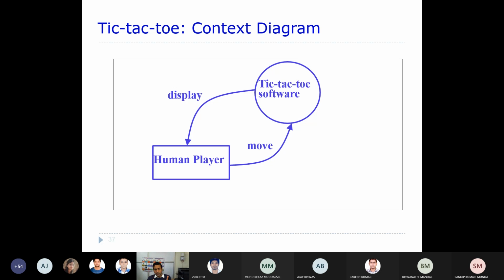Whatever move you have taken, accordingly the display will come, and that display is given back to the human player. That means the human player is going to see that. So now this external entity gives some data as an input to the high level processing. This is what we call a context diagram. Sometimes we call this diagram a level 0 diagram.